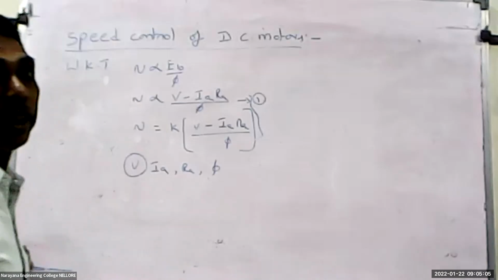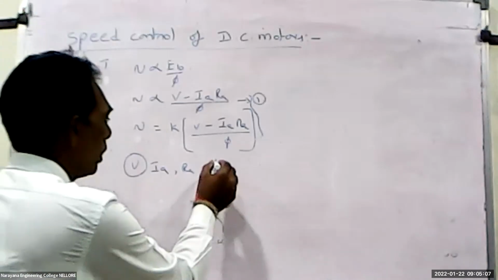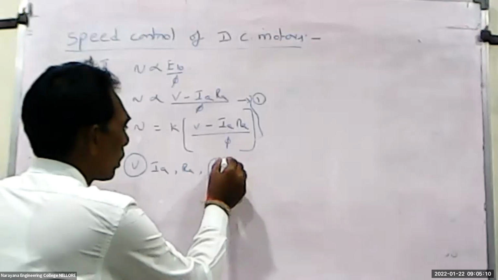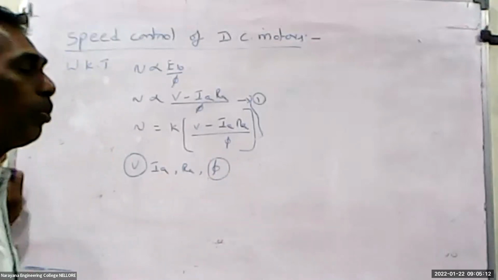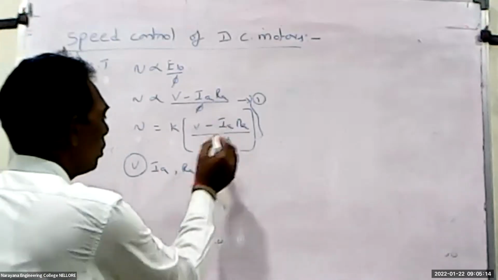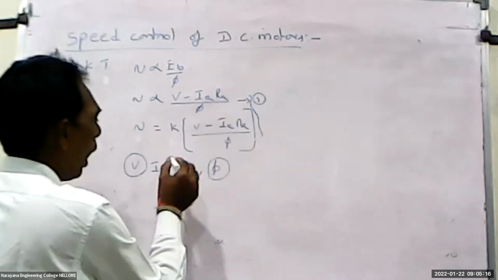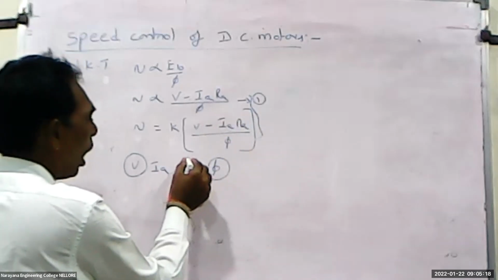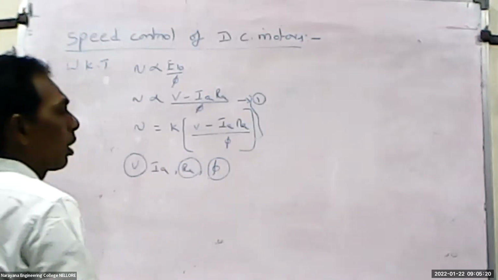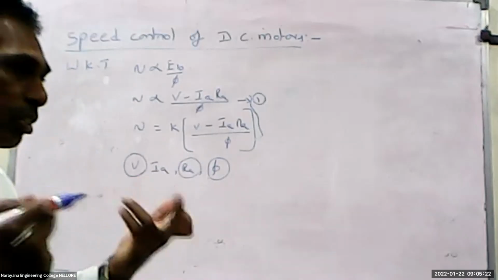By changing the supply voltage, by changing the flux value, or by changing these two. Once we design any motor, the armature resistance is fixed.